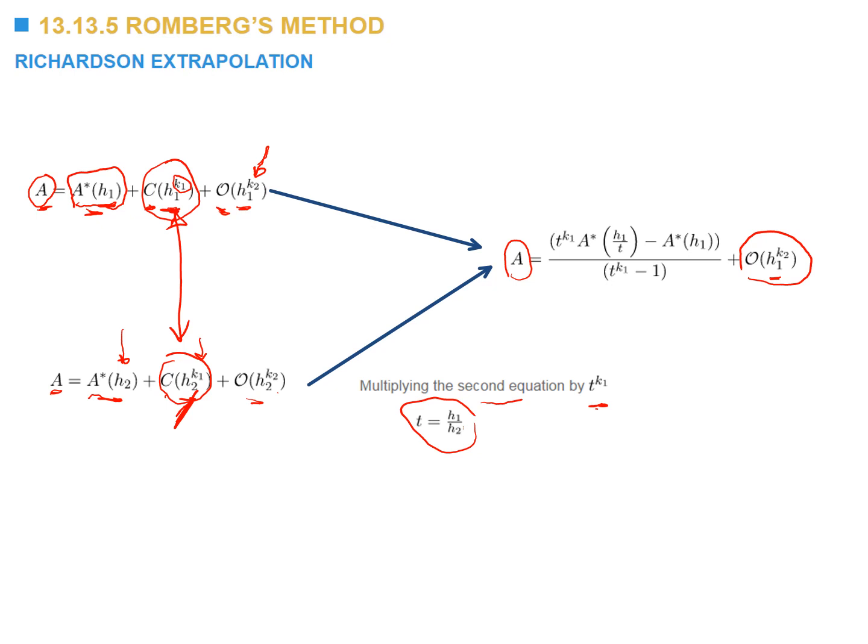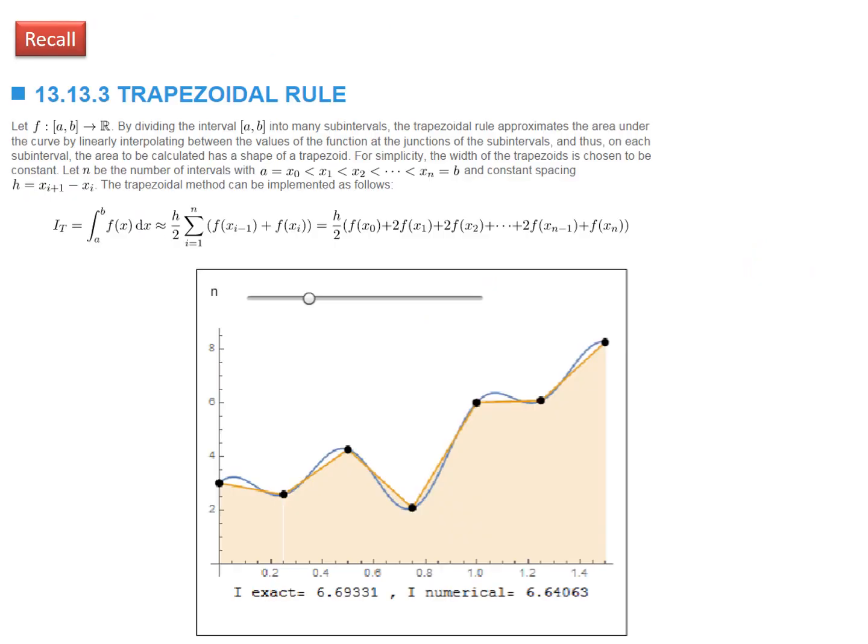So this is a little bit abstract. We're going to now show it in the trapezoid rule just to explain it to you. So let's recall the trapezoid rule. The trapezoid rule is a method to find the area under the curve by dividing the whole integration domain into subintervals, and for every interval we draw a trapezoid and calculate the area of that trapezoid.